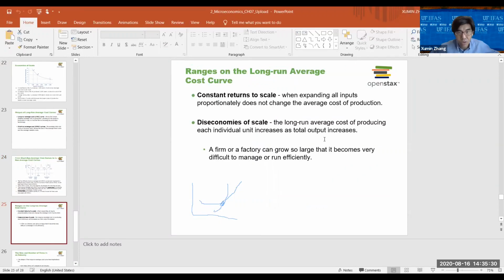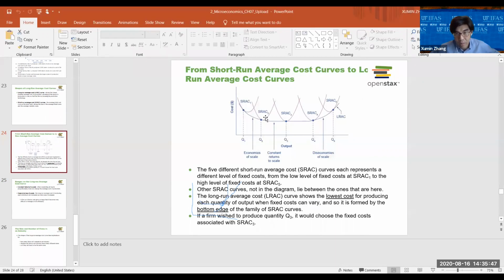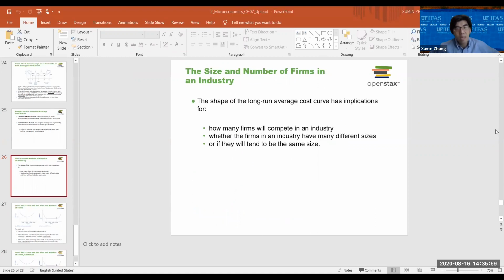We have already introduced constant returns to scale and economies of scale. We needed to make the decision. I already told you the optimal production decision should be somewhere during the constant returns to scale, all right? In between that range. And that is something where the shape of the long run average cost curve has implications. So the idea is about what the long run average cost curve looks like.